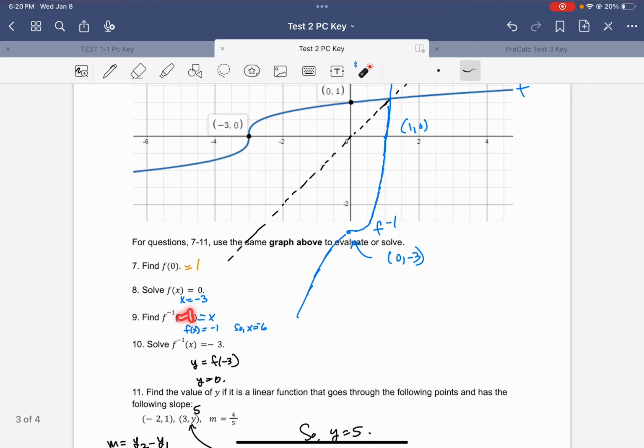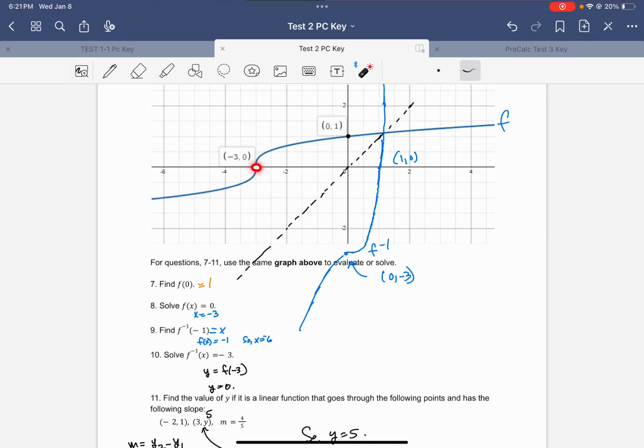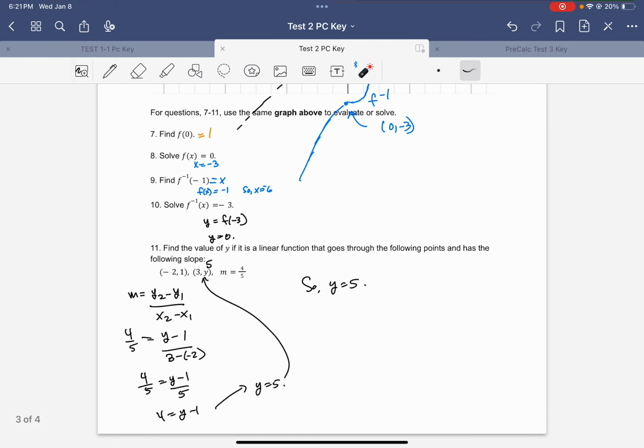So if you undo -1, you get an input of -6. Well, here, if you undo something and get out -3, that's the same thing as saying f of -3 is equal to what? So f of -3 is equal to what? Your answer is 0. So notice how these and these are very related.